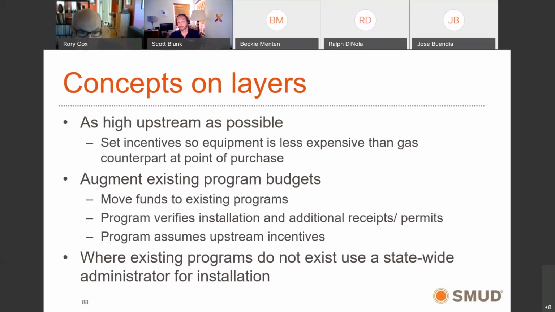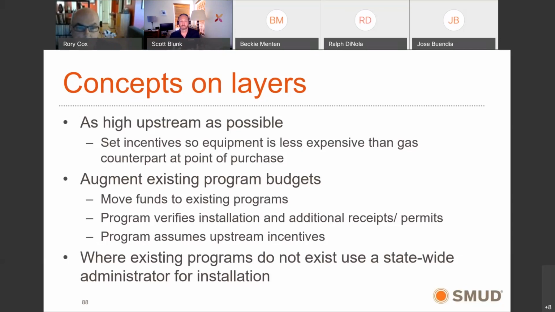And then the next concept would be to try to augment existing program budgets. If money can go straight to the program implementers for existing programs, it can augment, like, SMUD's existing budgets, and then make it the responsibility of SMUD to verify installation, verify permits, and receipts, and all that stuff.